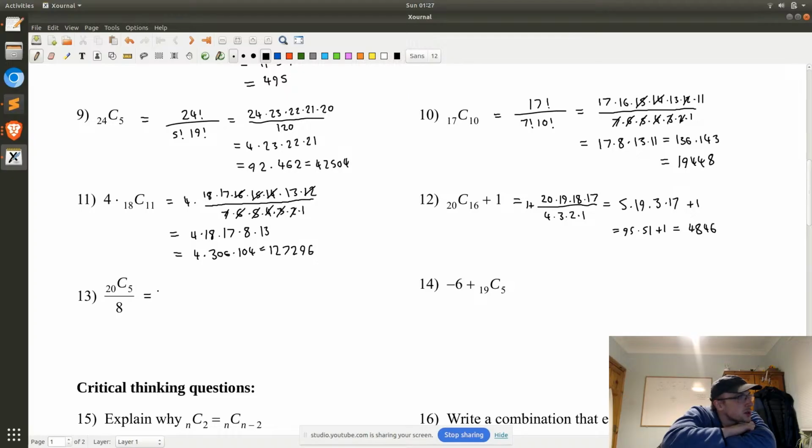20 factorial over 15 factorial 5 factorial. So 20 times 19. That would turn into 6.